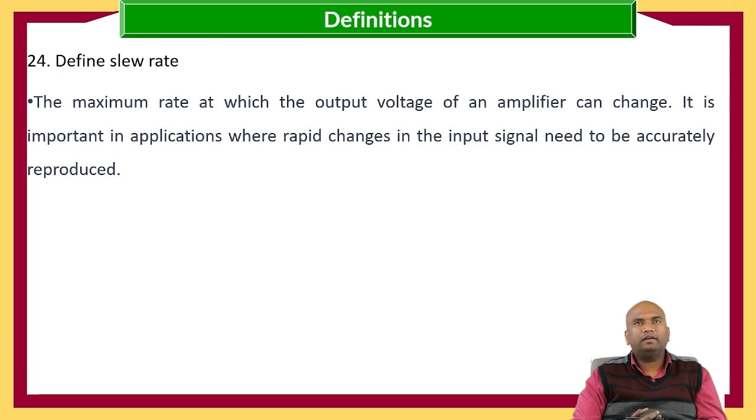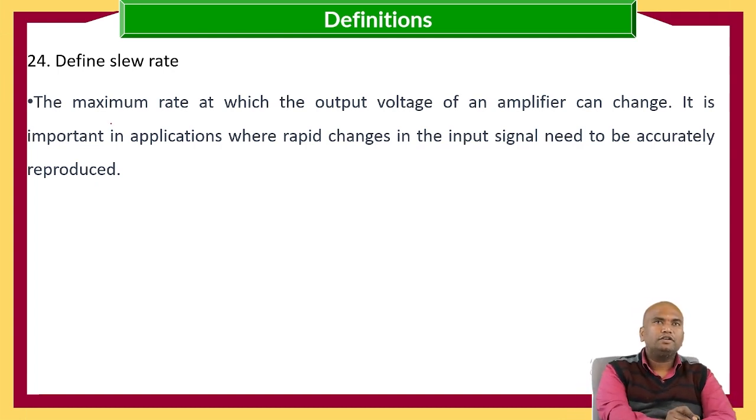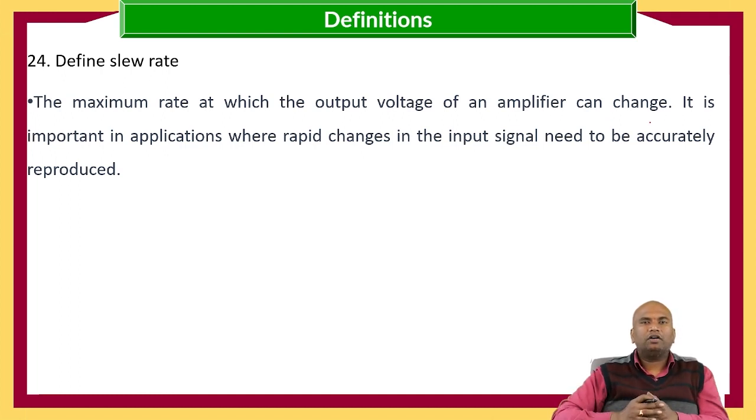Define slew rate. Slew rate is nothing but the maximum rate at which the output voltage of an amplifier can change.